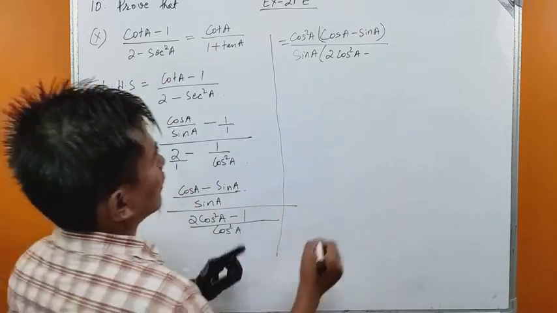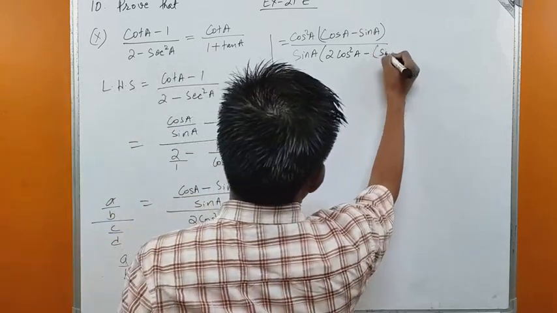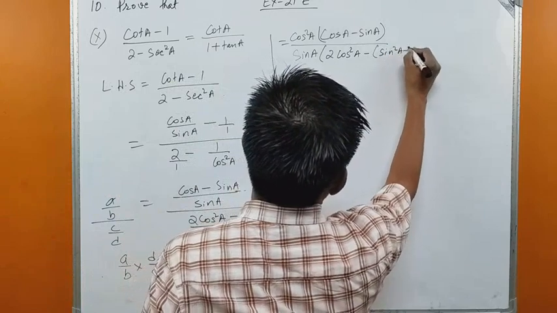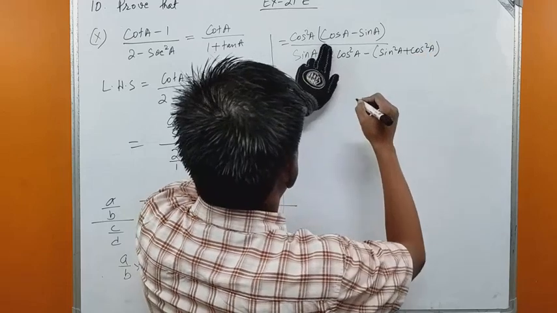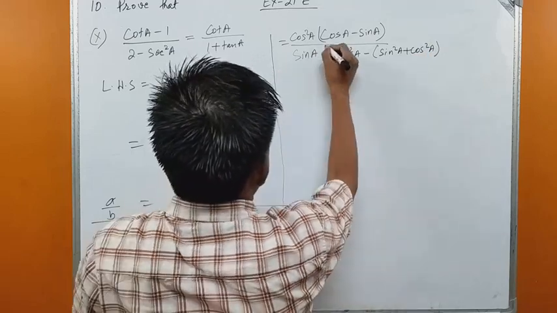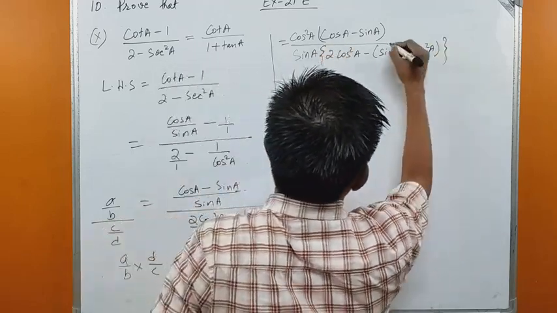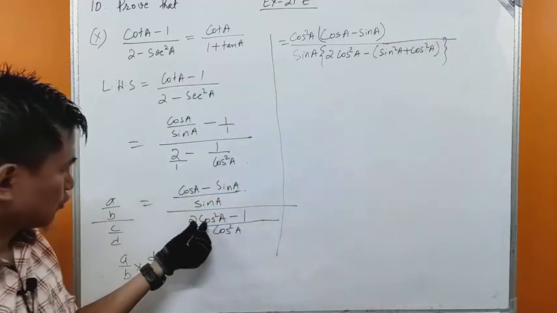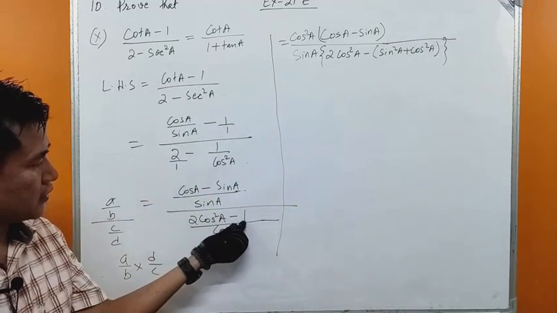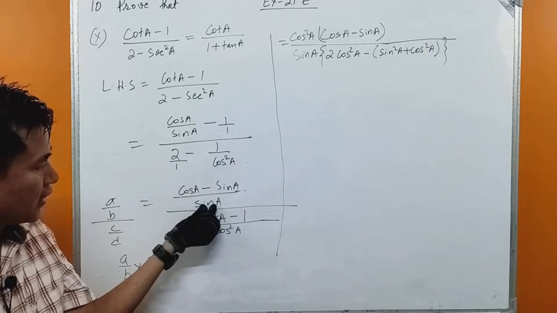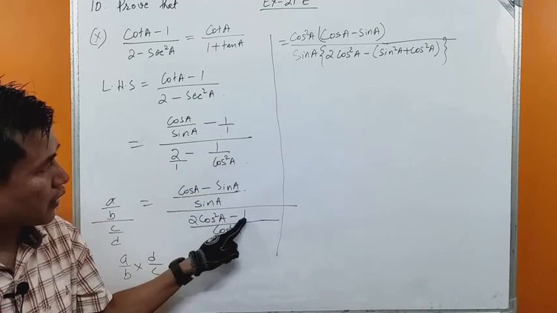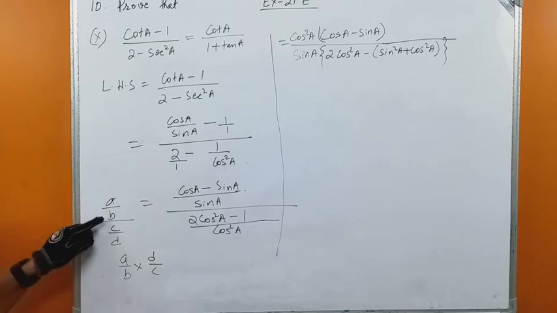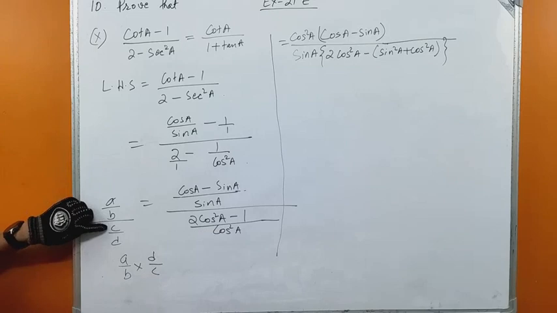1. So 1 means sin square A plus cos square A. So I use curly bracket here. So 2 cos square A minus 1, isn't it? First sin A, this sin A into 2 cos square A minus 1, because b into c, you can see b into c.